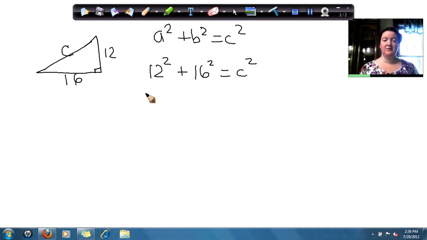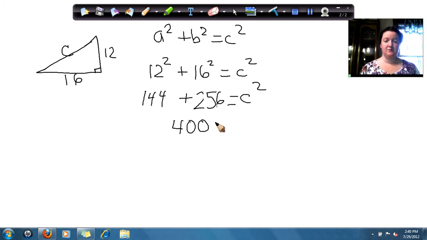So if I take 12 squared, that's going to give me 144. If I take 16 squared, it's going to give me, no, 256. So if I add those together, 144 plus 256, that's going to give me 400.